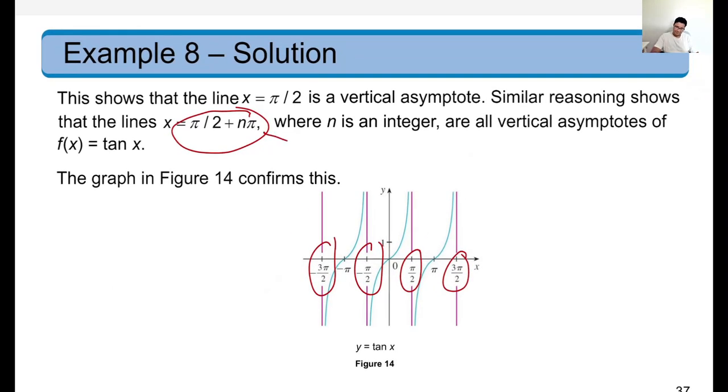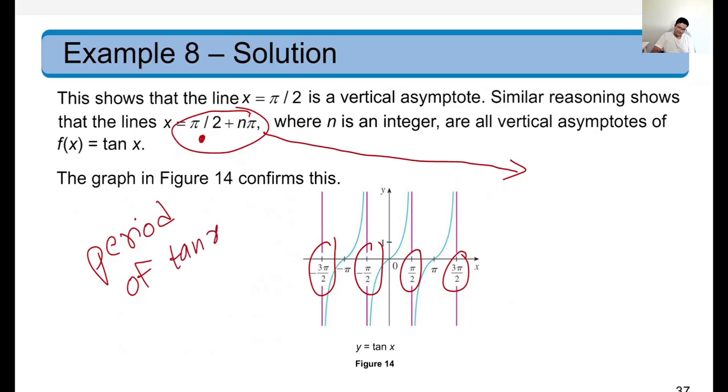Okay, for this pi over 2 plus n pi, there are two ways to understand it. One is, there is a vertical asymptote at pi over 2, and the period of the function tan x is pi. This is all good review. So after pi, after 2 pi, you will get these vertical asymptotes again.